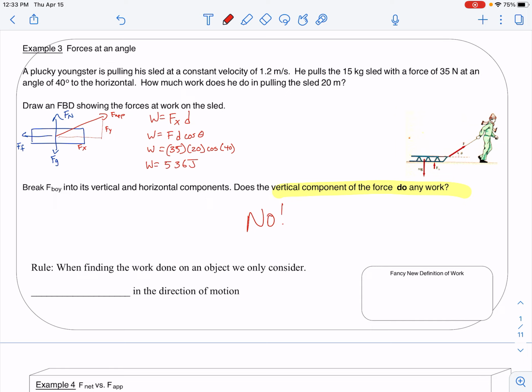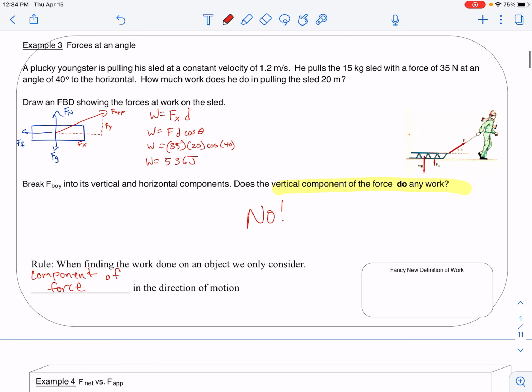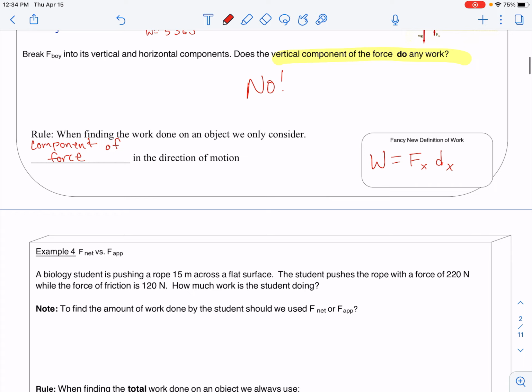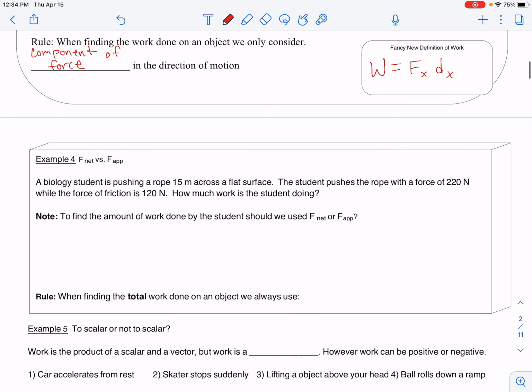So when finding the work done on an object, we only consider the component of force in the direction of the motion. We can expand out our formula to use the force in the direction that the work is being done.